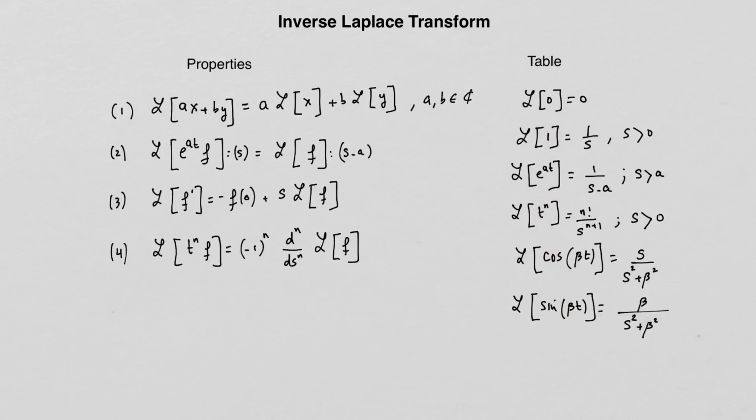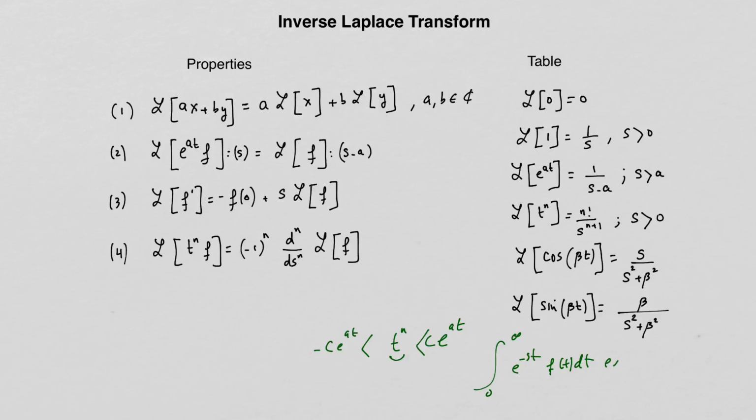Clearly, t to the n is a power, and it's always less than Ce to the at, right? So t to the n is of exponential order, and it is continuous, and therefore the Laplace exists, which means the integral of e to the minus st f of t dt from 0 to infinity converges.